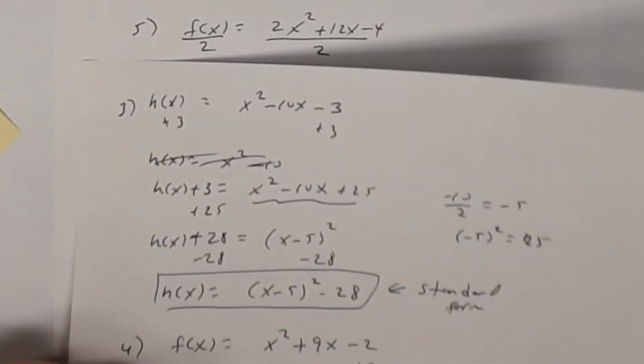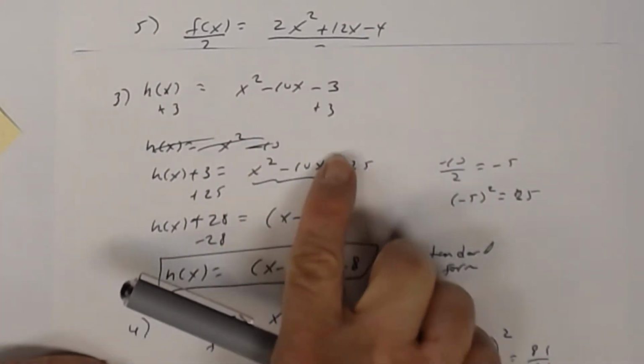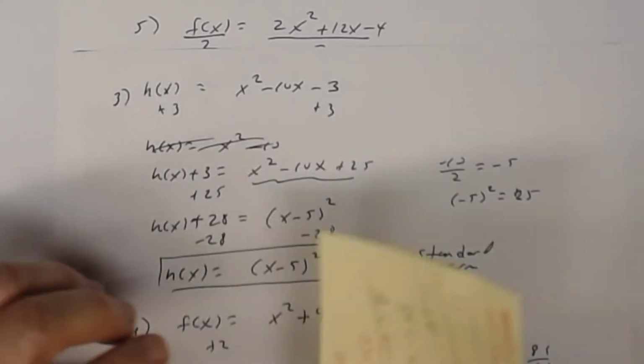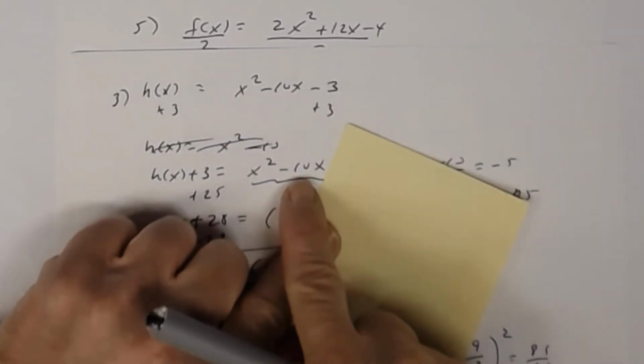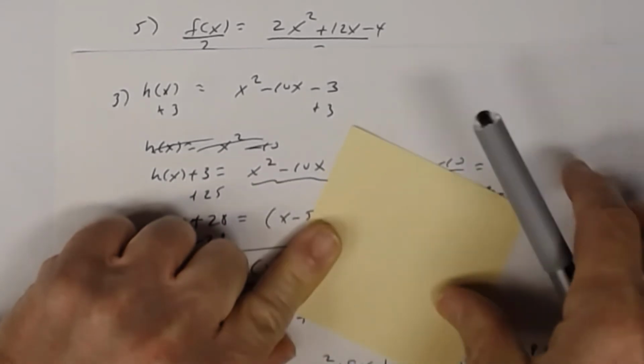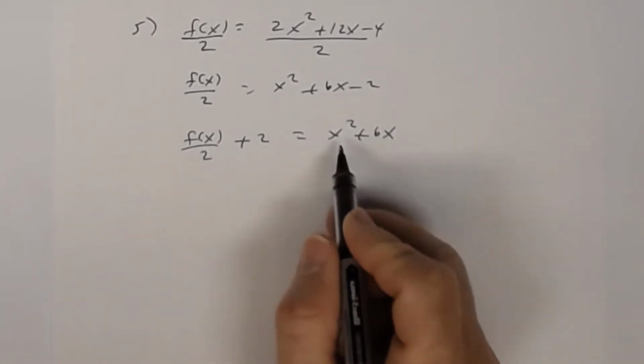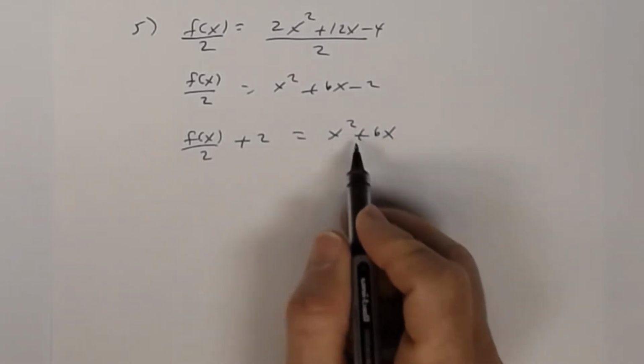Let's remind ourselves about number 3. We added 3 to both sides, and when we did that, we had the x terms left, and that's what you see here. Now let's complete the square on the x's.